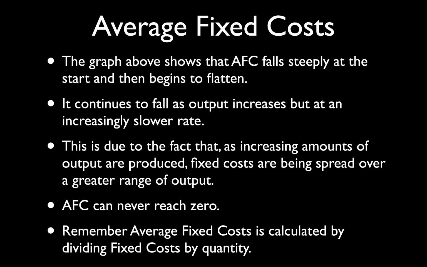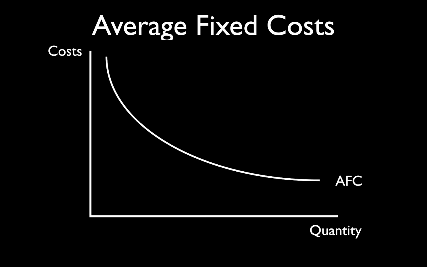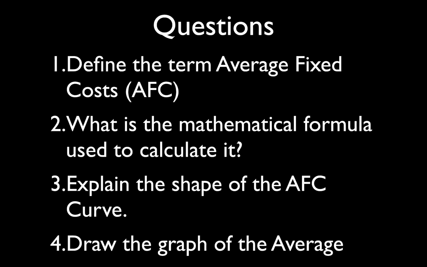Average fixed cost is calculated by dividing the fixed cost, which is usually a constant number, by an increasing amount of output. Okay, usually if you're increasing output, you're dividing it by a bigger number. Now, with that in mind, I would sincerely ask you to pause the video, look at these questions, absolutely try and answer them, and then once you're ready, press play and we'll go through them.